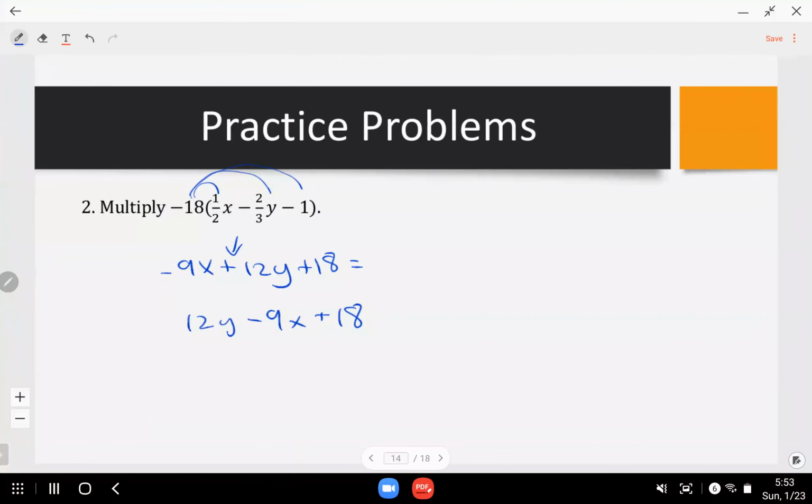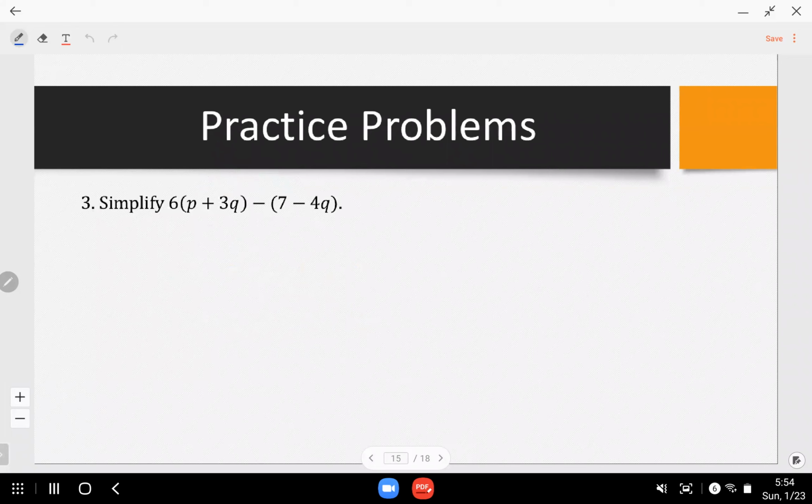Answers all over the place. But this is the correct answer, 12y minus 9x plus 18, right? For those who did get incorrect answers, pay attention to how I did it and make sure you do not make such mistakes in the future. All right, so let's look at this practice problem.